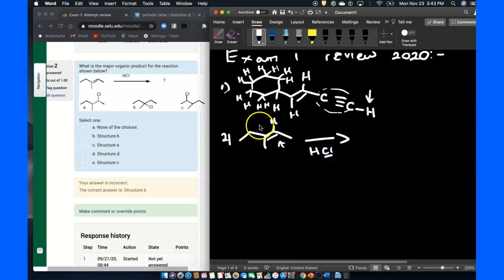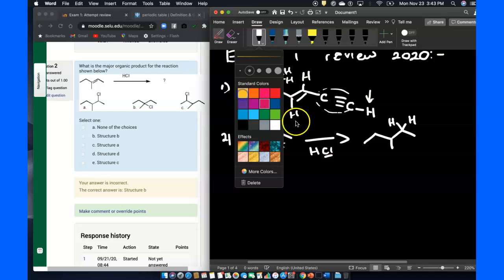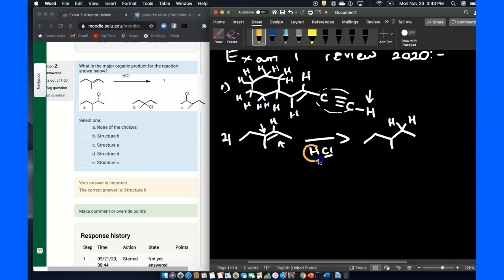The Cl should go where there is less, which is here. So basically, without even drawing the mechanism, I know that I should end up with 2 hydrogens over there. And you can pretend that this hydrogen right here is this hydrogen that was added there. And then the Cl will go the other side.